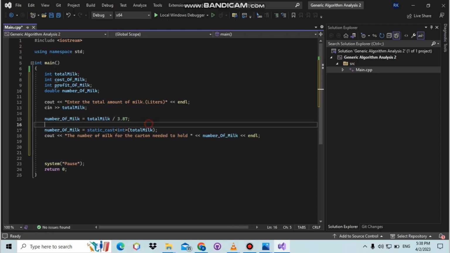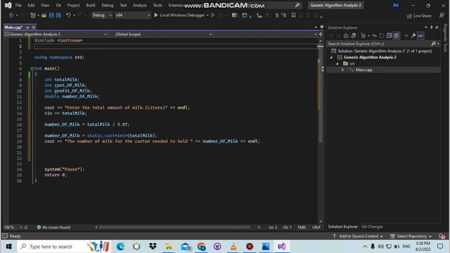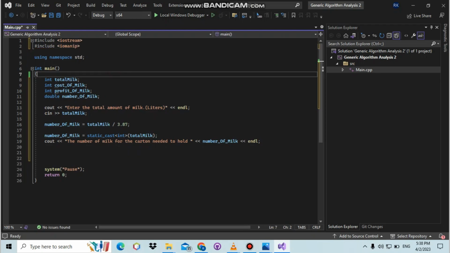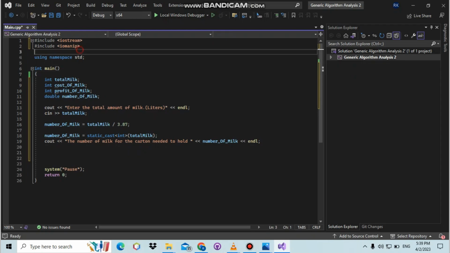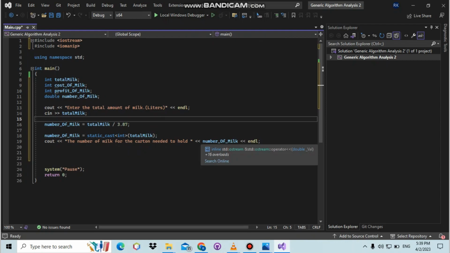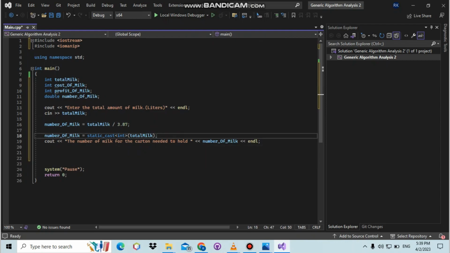Let me include another header file. I should include iomanip, sorry. Guys, if you don't know what this header file iomanip is, go and check my C++ video about basic input output operations in C++. Link card on top there, because it speaks about what iomanip is in C++. So that gives us the ability to see the fixed numbers.